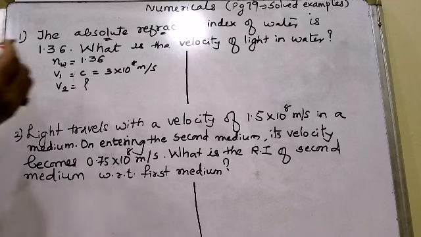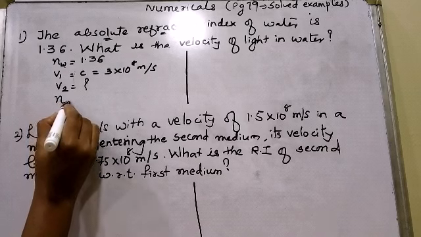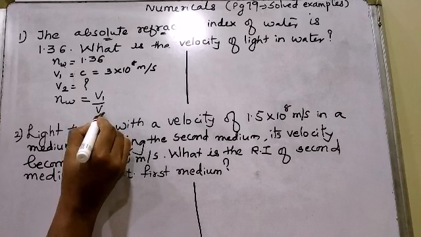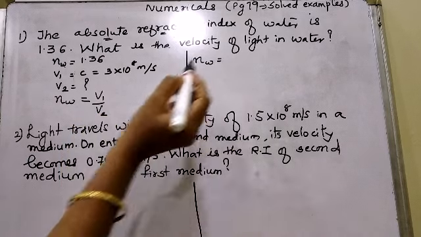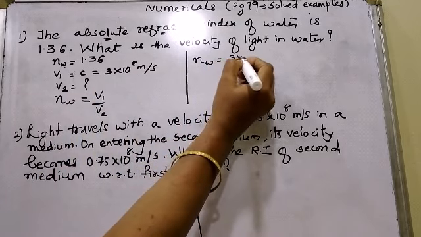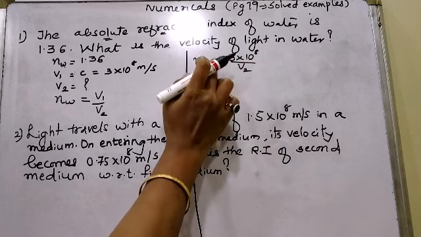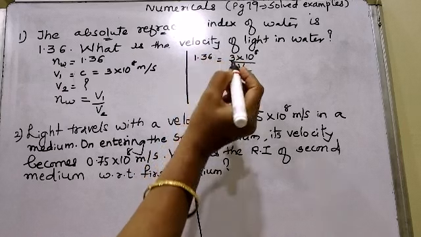Now this is the given information. Now I will write down the formula. Absolute refractive index of water will be equal to V1 upon V2. What is V1 here? 3 into 10 raised to 8 meters per second upon V2. Do I know NW? Yes, I know NW. So I will be substituting the value of NW as 1.36.